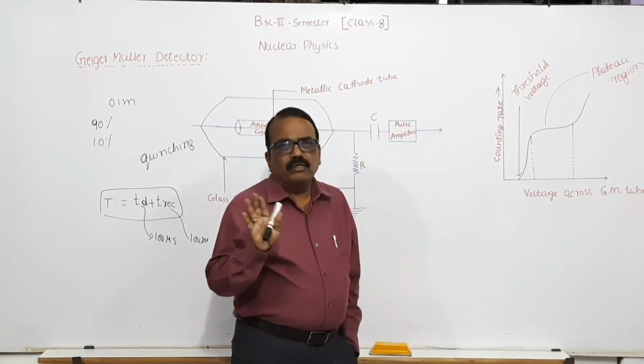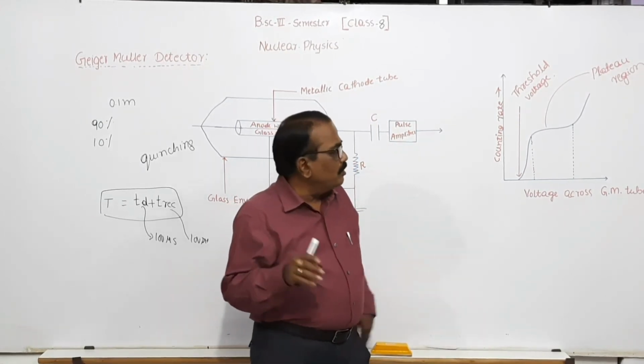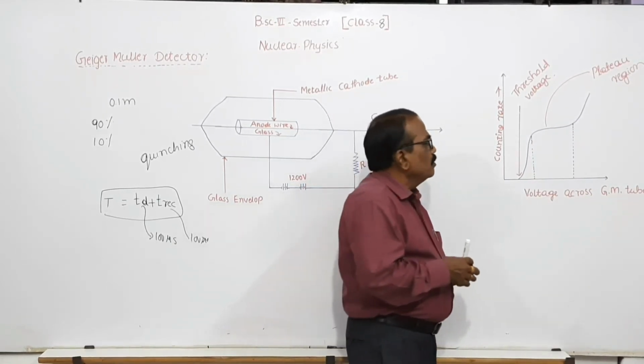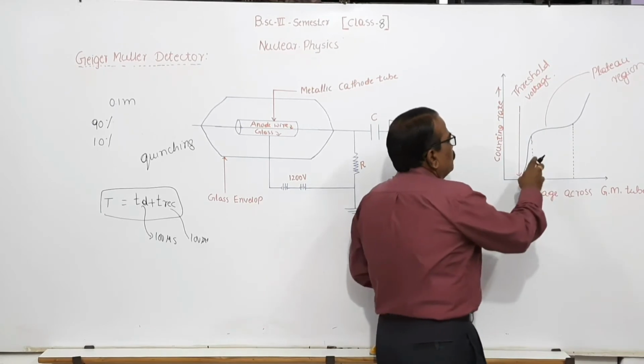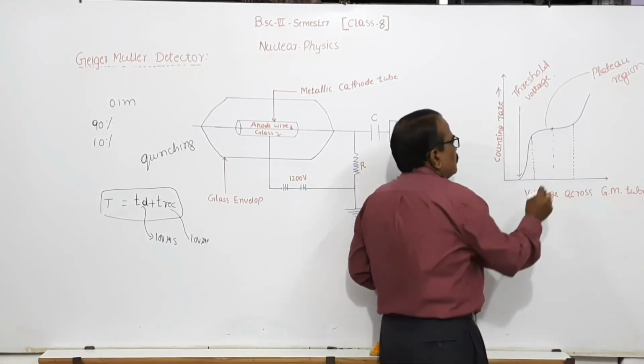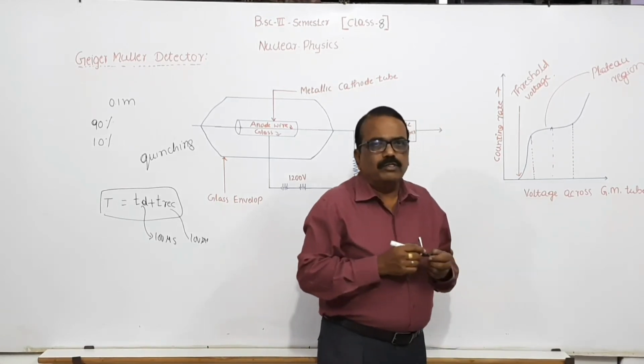So the GM tube should not be operated beyond this plateau region. So usually the middle point of this plateau region is taken as the operating voltage.